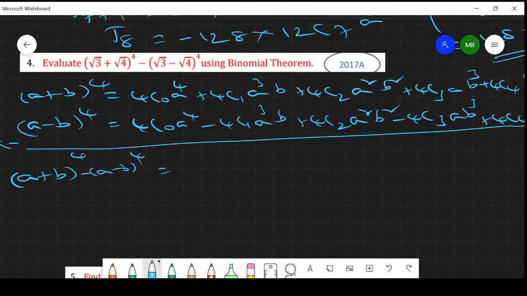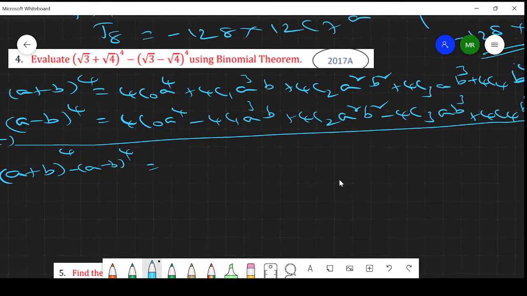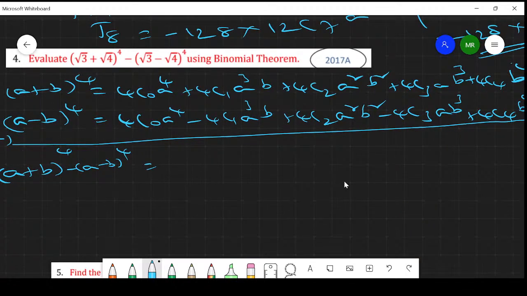You observe here, the signs become minus, plus, minus, and then since I am subtracting, this will be minus, it will be plus, and at the end minus.